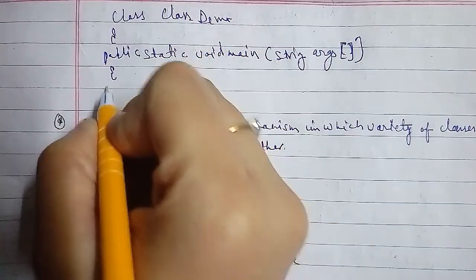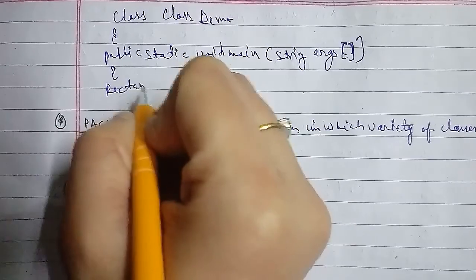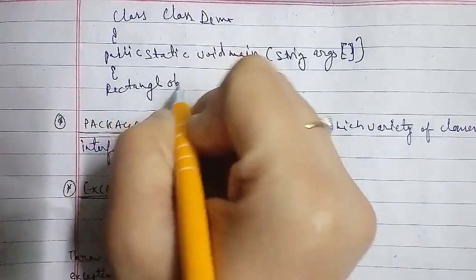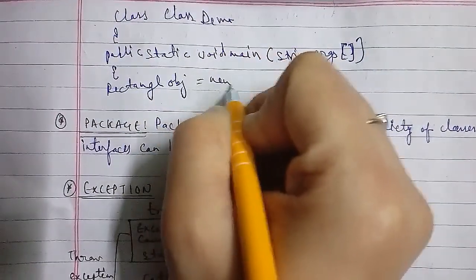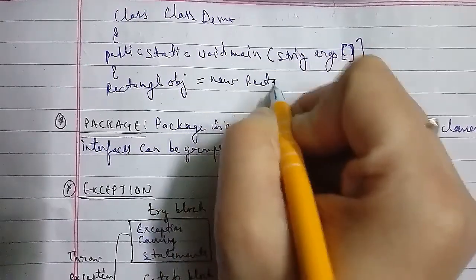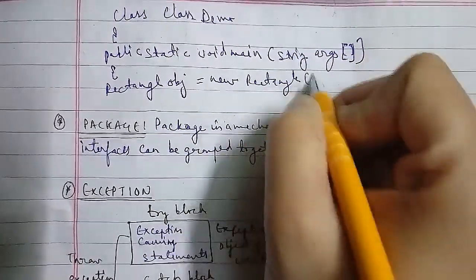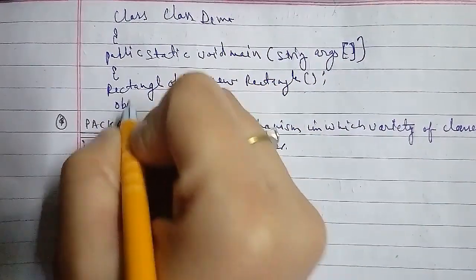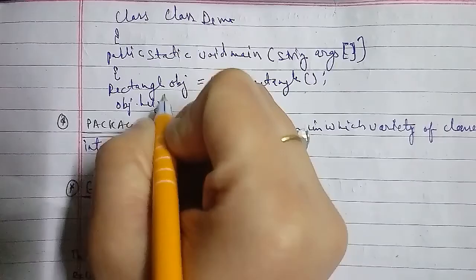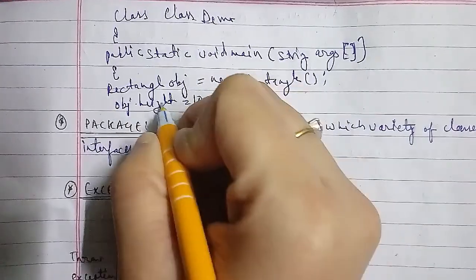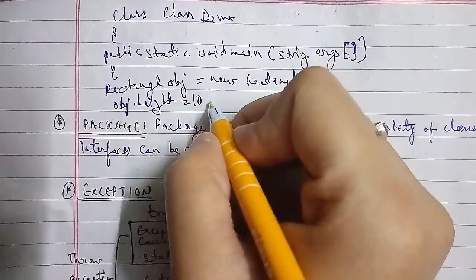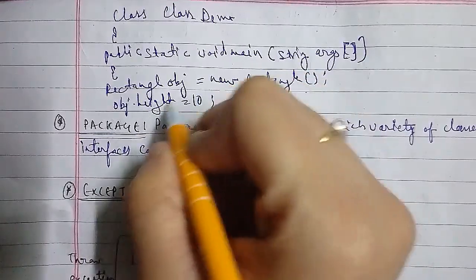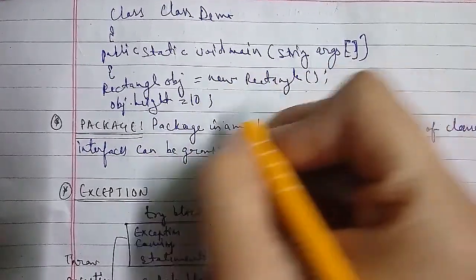Then we have obj.width equals 20. This is from outside of the class. Now another line we have is obj.area, and here this is using the object method of the class that is called, and then curly bracket close.